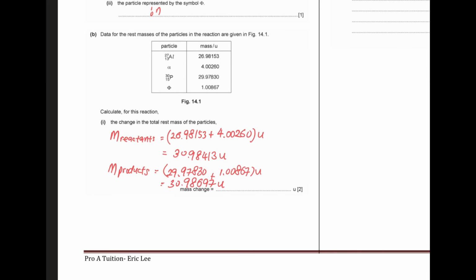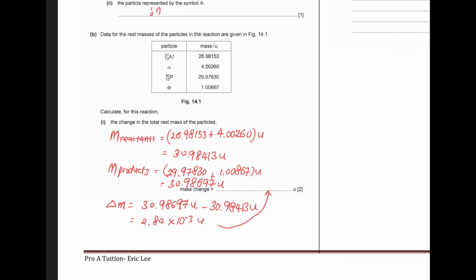So the mass change, delta M, is equal to the heavier one, the product, minus the reactant. By subtracting this, we will get 2.84 times 10 to the power of negative 3 U. Okay, so this is the answer that you are going to put there.